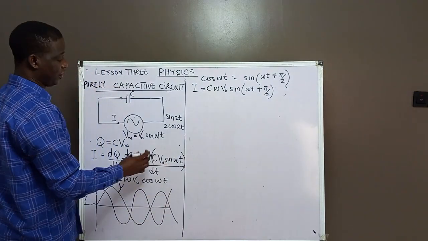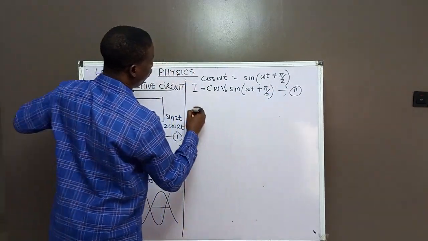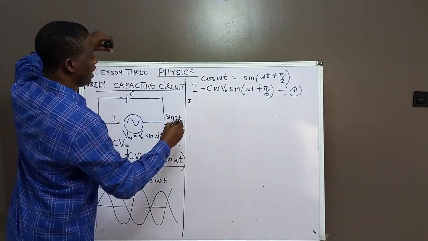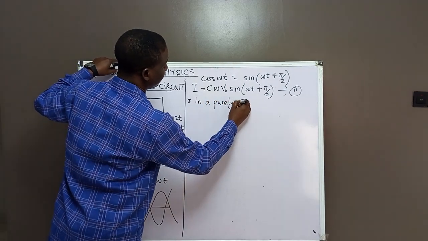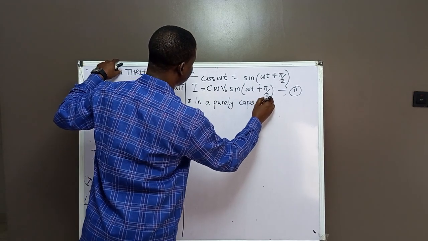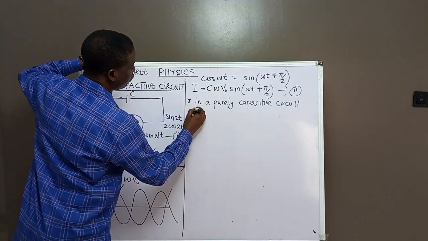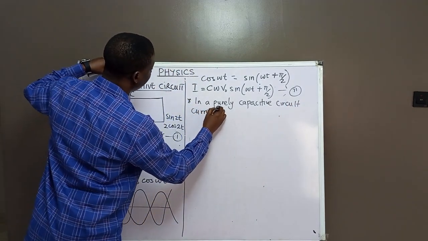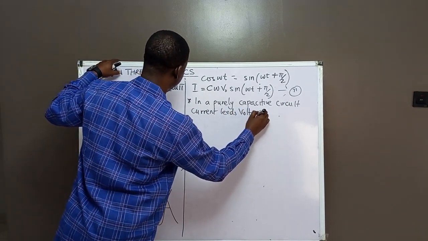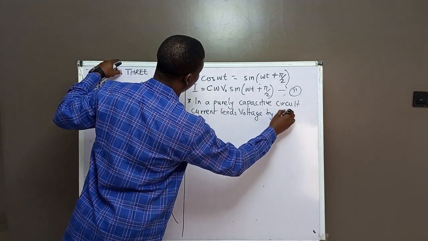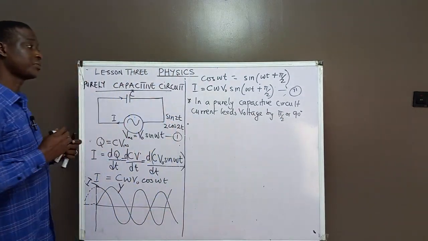That is to say, if you now compare equation 1 and equation 2, we can come out with something and say, in a purely capacitive circuit, current leads voltage by pi over 2 or 90 degrees. That is point number 1.